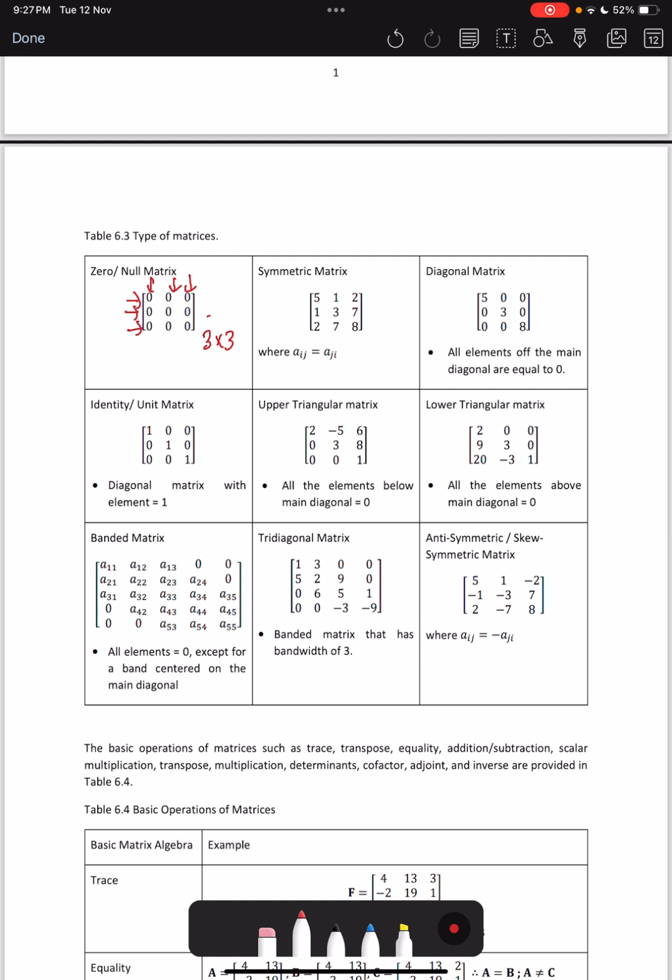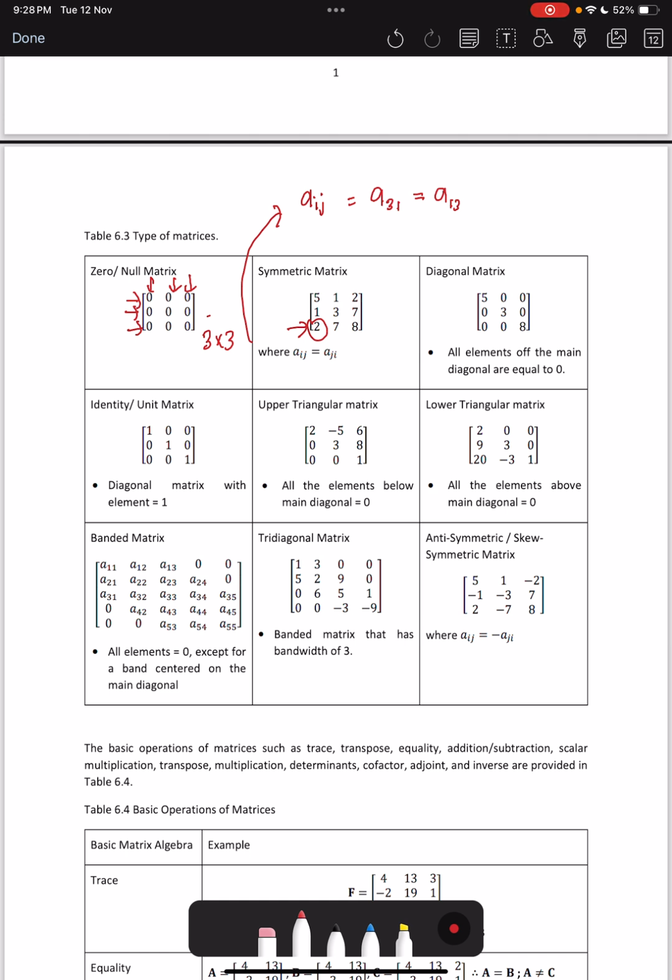Symmetric matrix, meaning that the element Aij is equivalent to Aji. So let's put it this way. Aij, let's say my row is the third row, and I'm looking at the first column. So this is the third row and first column, element 2, which is equivalent to Aji, 1, 3.